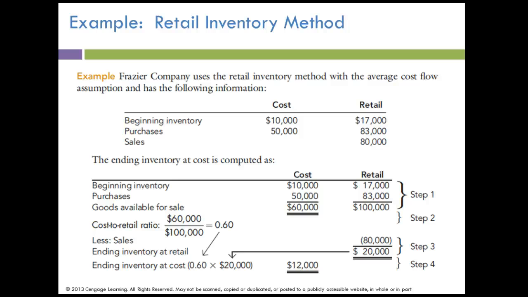So if we show a comparison of our cost to our retail ratio, we can then take what we had in sales and then determine our cost of that ending inventory by taking our ending inventory at retail and then taking 60% of that and showing the cost.